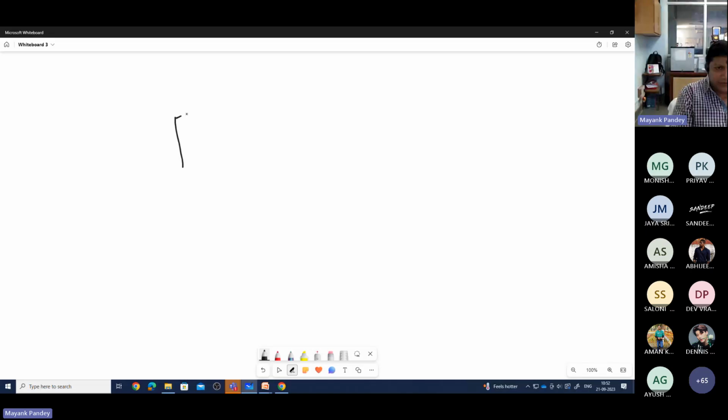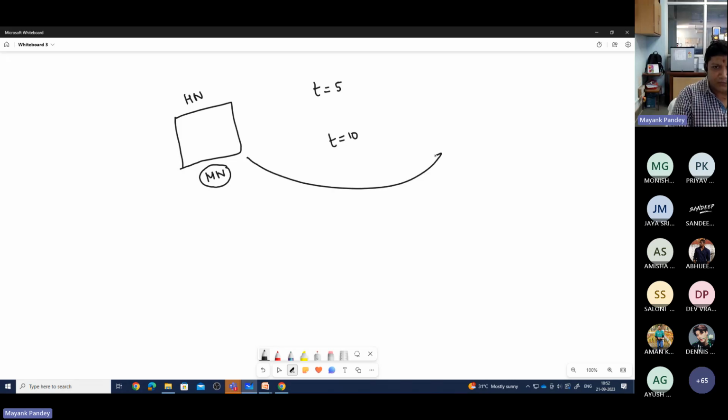Suppose this is a home subnet, home network, and there is a mobile node which, up until t equal to 5, is in the home network. At t equal to 10, it has moved out towards a foreign network.